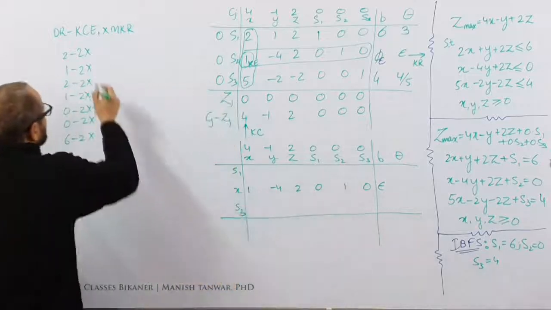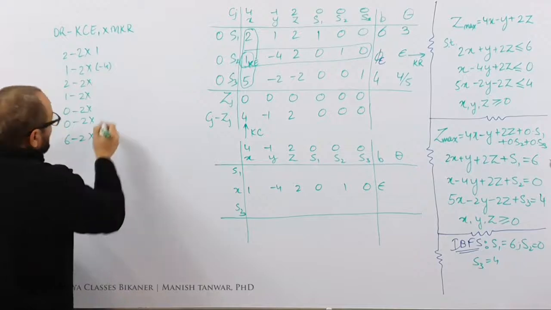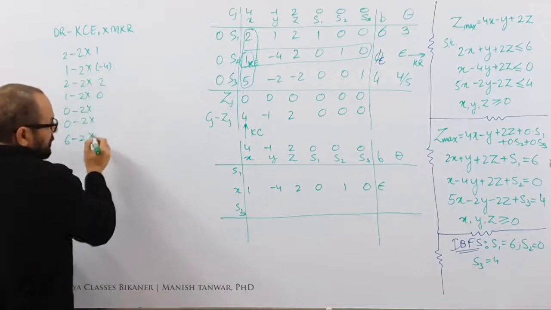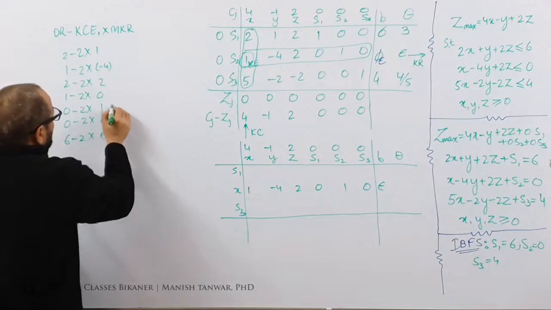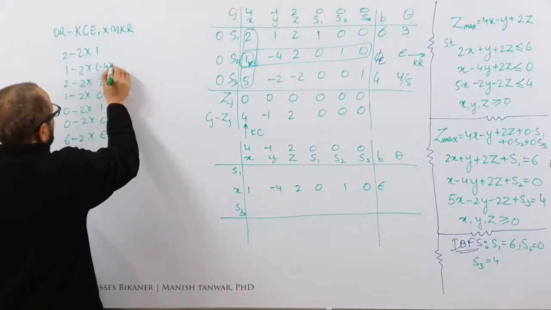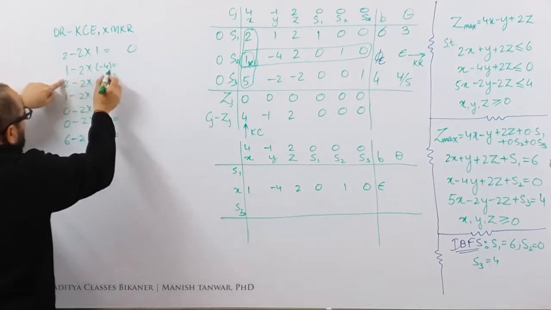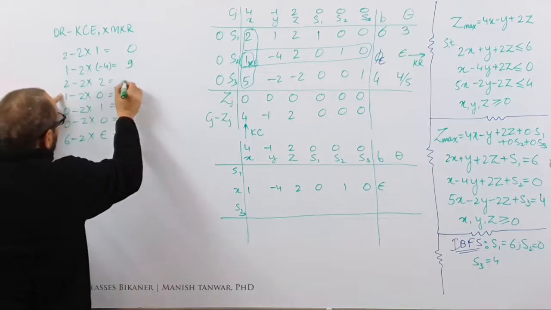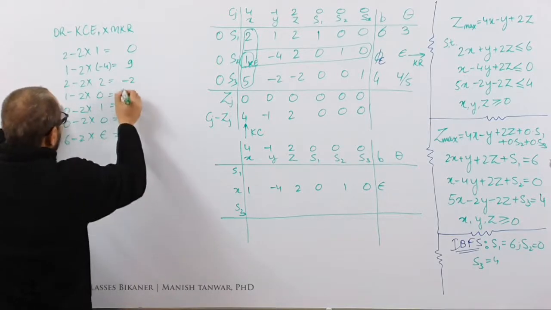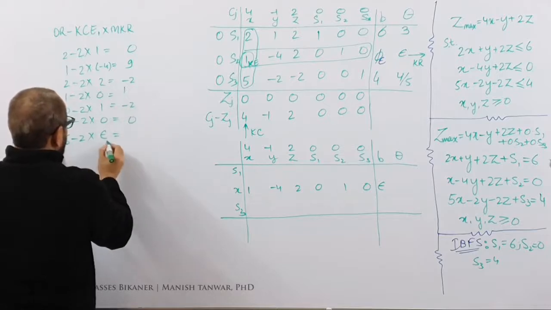What is this? 1 minus 4, 1 minus 4, 2, 0, 1, 0 and epsilon, giving me values of 2 minus 2 would be a 0, 1 plus 8 would be a 9, 2 minus 4 would make it a minus 2, 1 minus 2, 0, 6 minus epsilon.